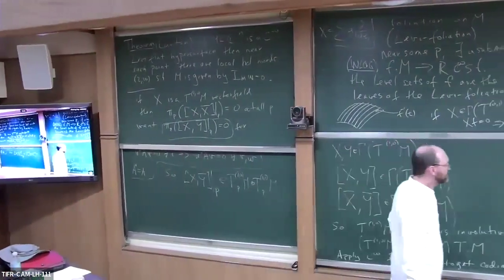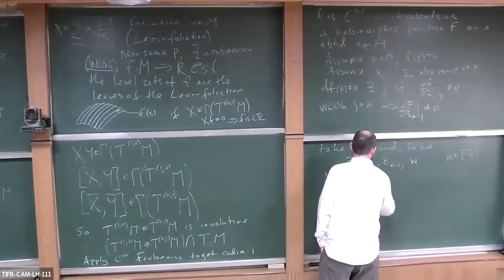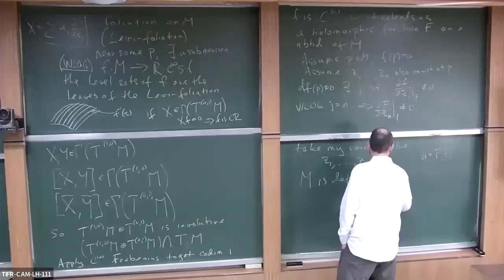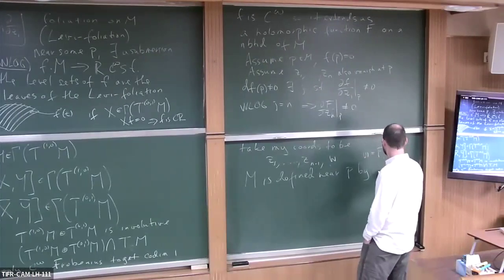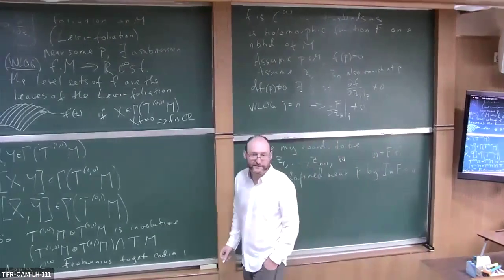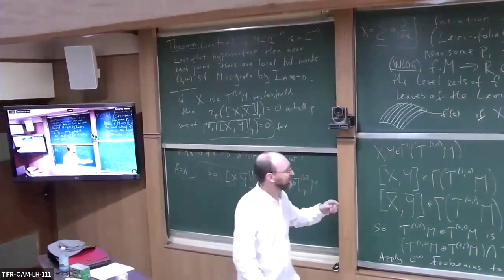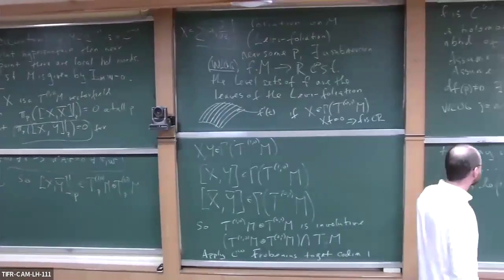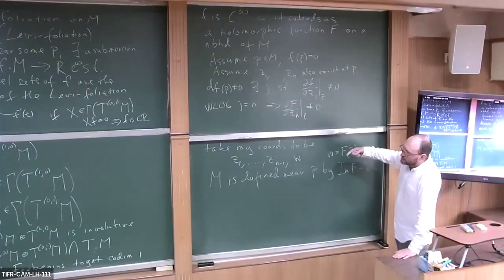So M is defined in P by imaginary capital F being zero, or imaginary W being zero. It doesn't really matter which one. The main thing is just to get this.